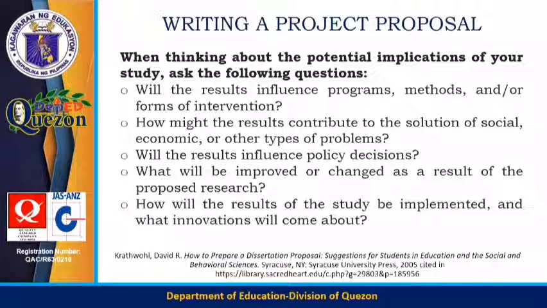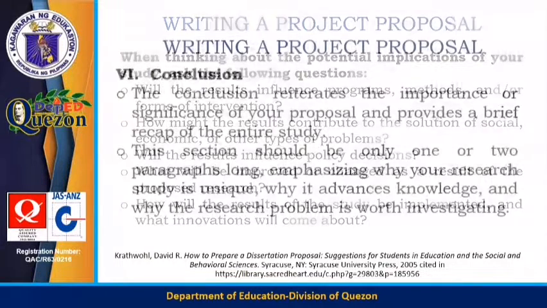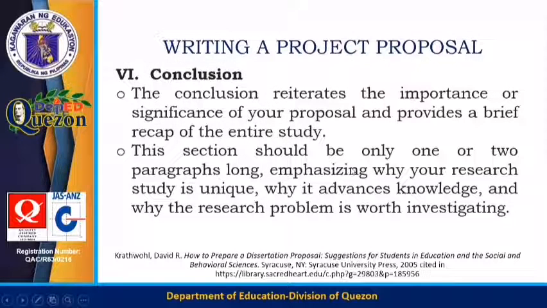The sixth part of a research project proposal is the conclusion. The conclusion reiterates the importance of significance of your proposal and provides a brief recap of the entire study.